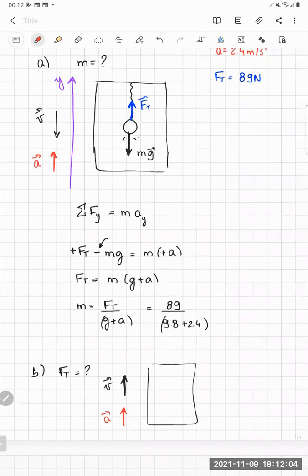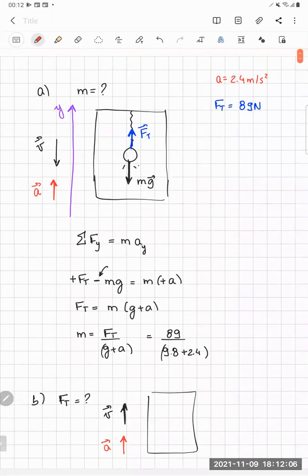So everything that we did in part A holds also for part B. What do we need when solving these problems? We need the acceleration. Well, it's the same as we had in this other problem. We need the mass, which we already found. The two forces that are involved in this problem are still in the same direction.